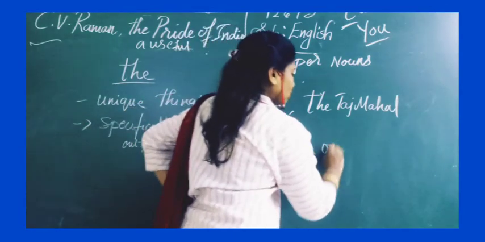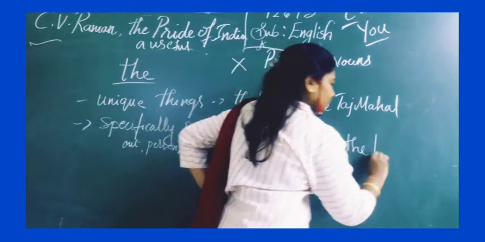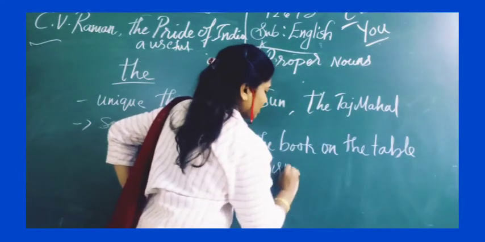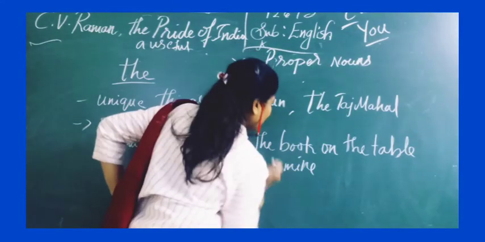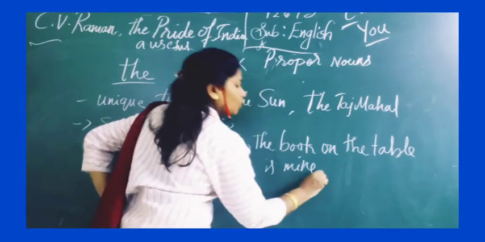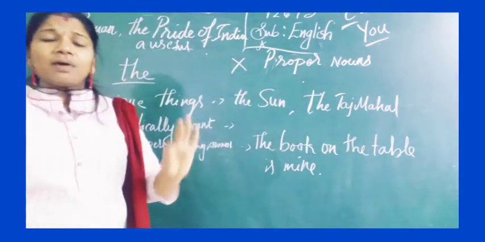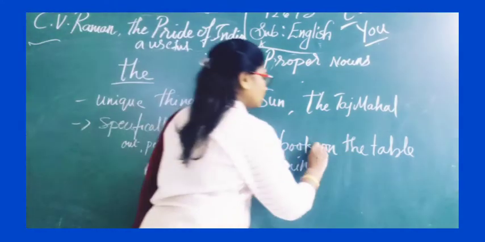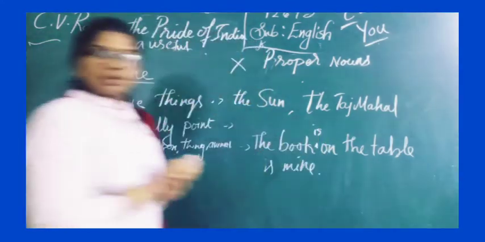The book on the table is mine. Which book am I talking about? I am particularly mentioning the book. When you specifically point out any book, then you should use article the. Got it? The book is on the table, like this.